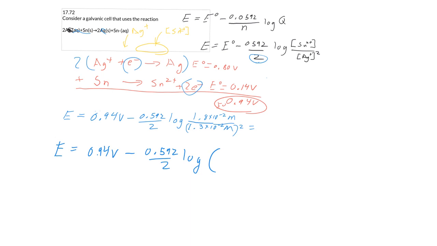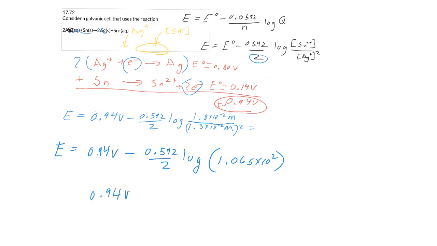That gives us 1.8 exponent negative 2 divided by 1.3 exponent negative 2 squared equals 1.065 times 10 to the second.